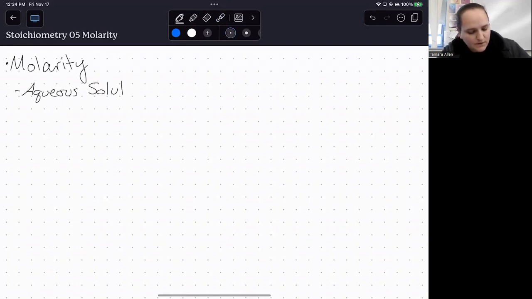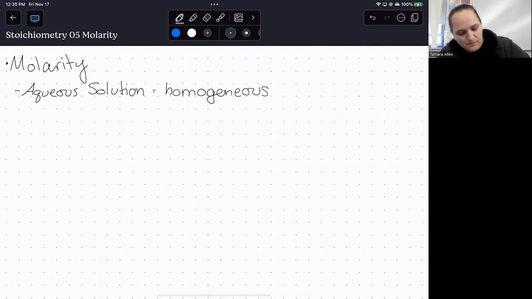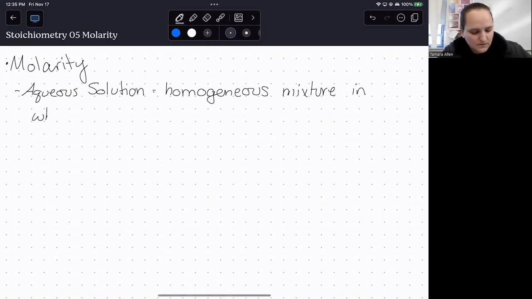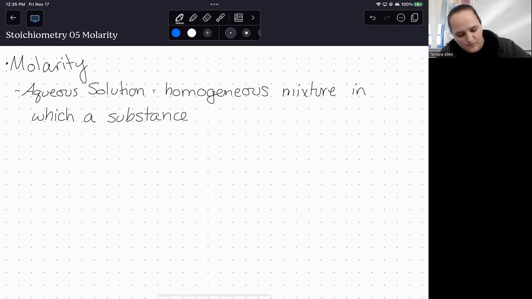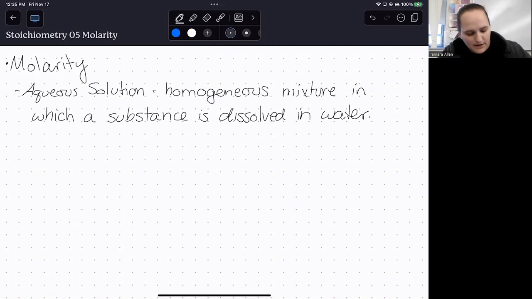So an aqueous solution is a homogeneous mixture in which some substance is dissolved in water. So that dissolved substance we call the solute.